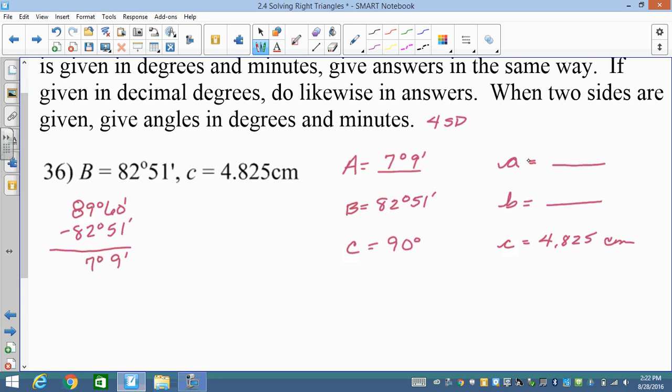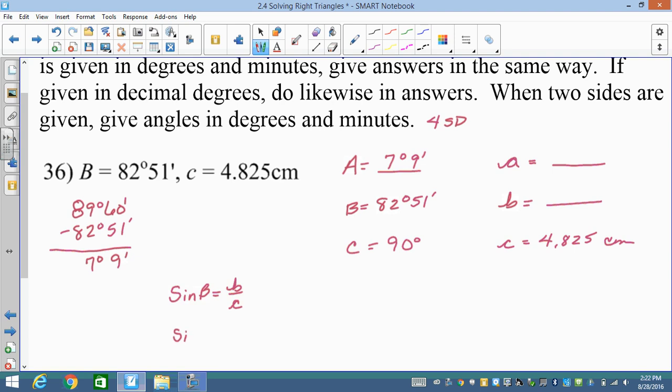Okay, so side a. Well, actually, I'm working with angle B, not angle A, so I'll look for side b first. That would give me sine of B equals little b over little c.